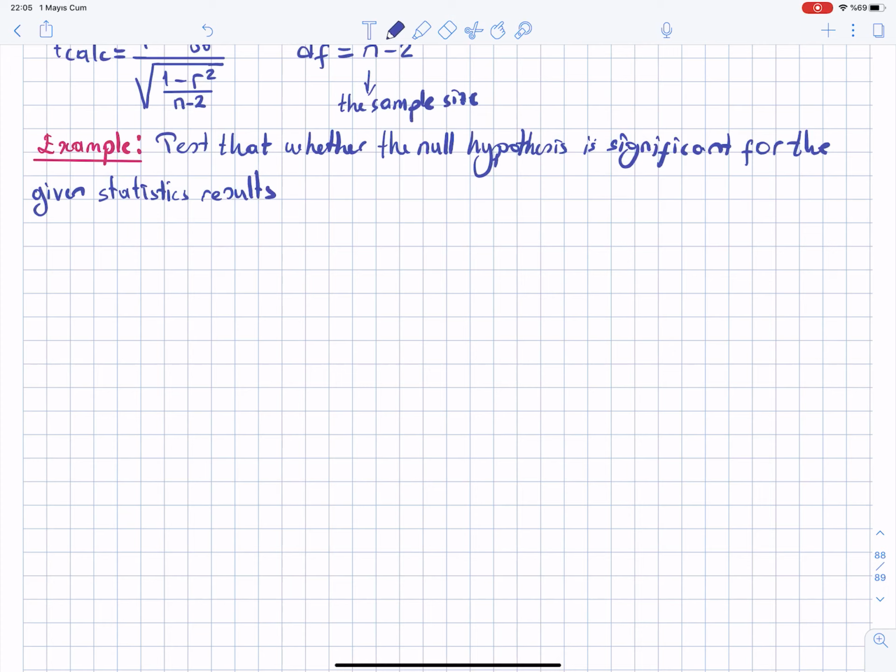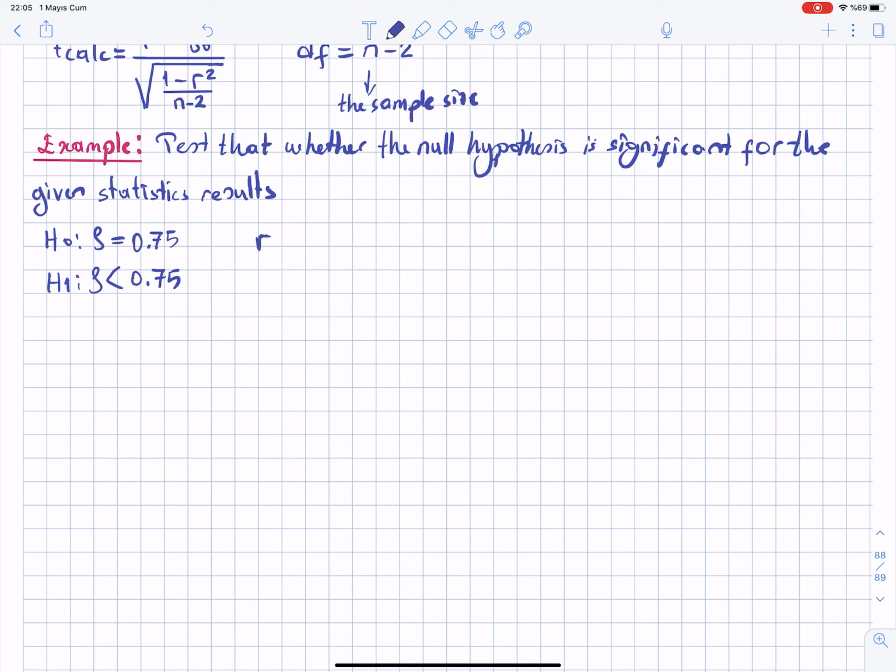Let's say the null hypothesis is rho equals 0.75, and the alternative is rho less than 0.75, and the given statistic is the Pearson correlation.